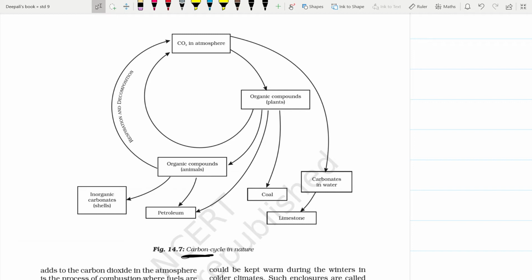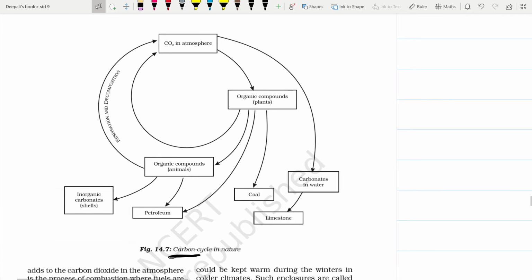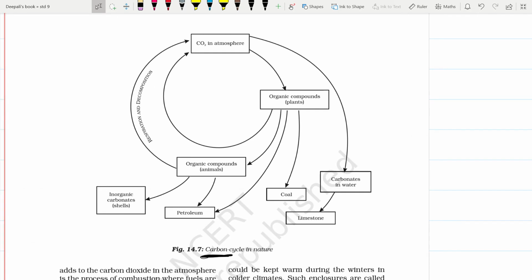So during that exchange, the atmospheric CO2 enters into the biosphere. Even in the water, carbonates are present, which are forms of carbon, and in the lithosphere, fossil fuels and petroleum products are forms of carbon.